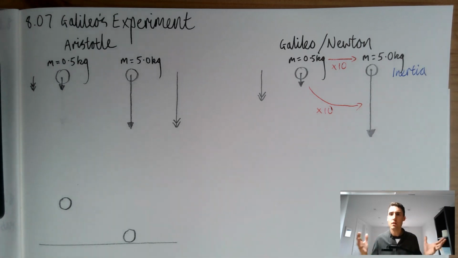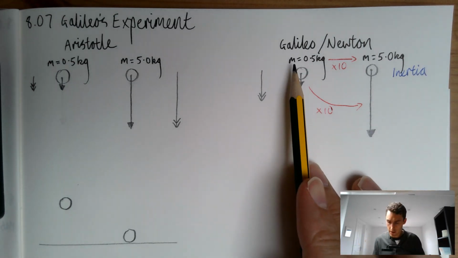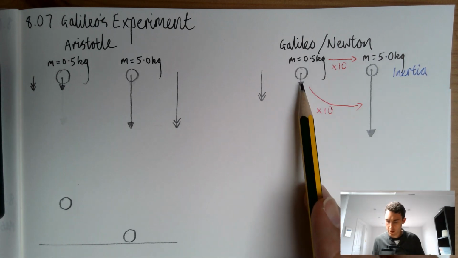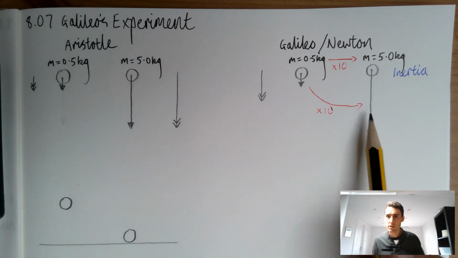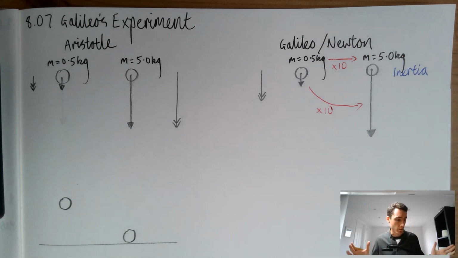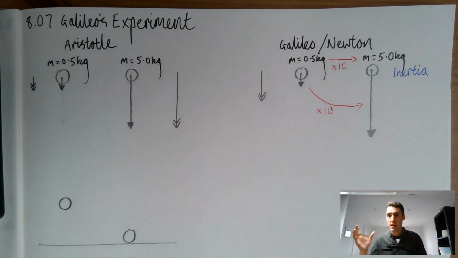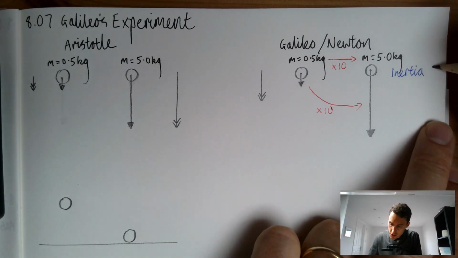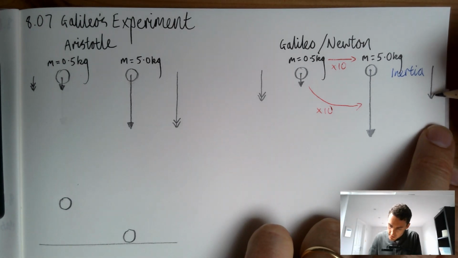But that's baked in to what we've already worked out with the gravitational field strength. The mass is 10 times greater, therefore the force is 10 times greater. We may not want to bring in the algebra now, but effectively what we're looking at is the idea of a = F/m. That's the idea of inertia. But you can just say, look, this is 10 times heavier, so it needs a 10 times bigger force just to get it accelerating at the same rate.